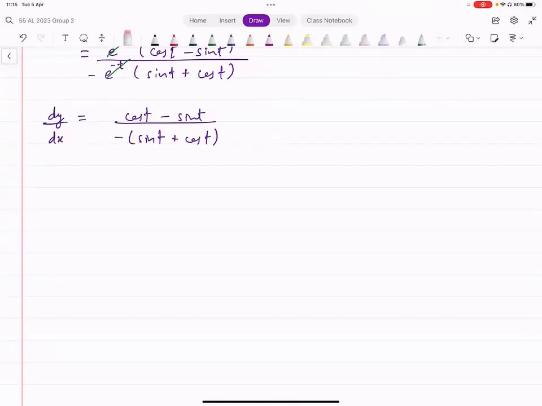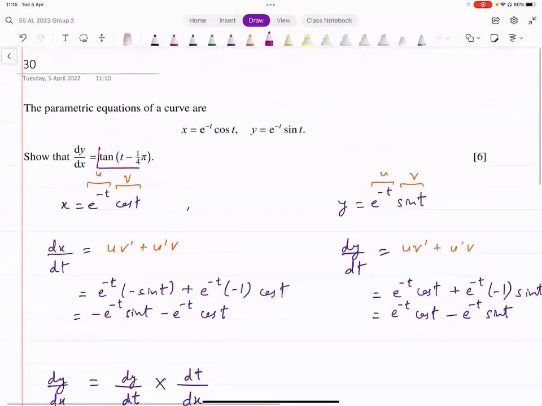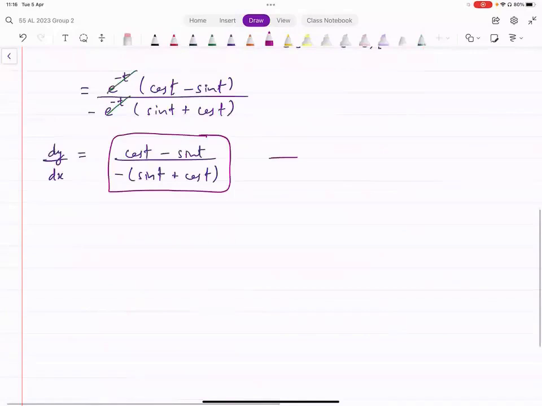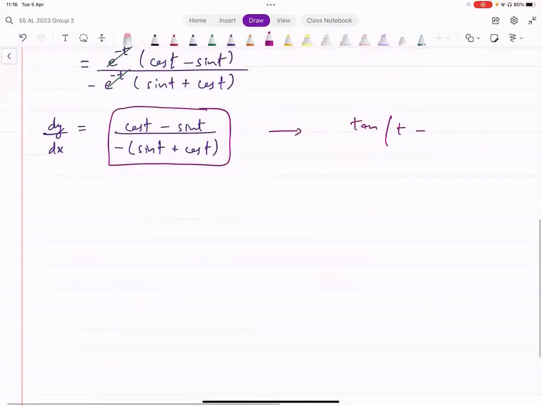So we have to somehow figure out a way कि इन दोनों को इक्विवेलेंट शो कर दें. ठीक है, इसको हमने प्रूव करना है that this is tan of t minus pi over 4. ये हमें ये प्रूव करना है.